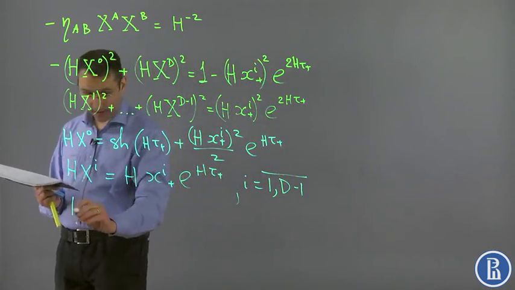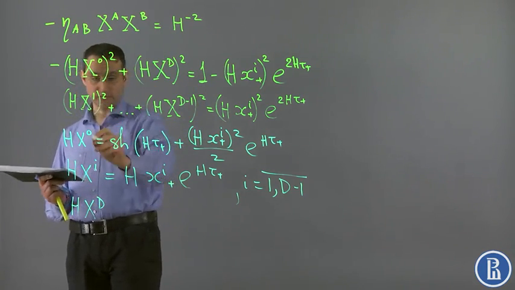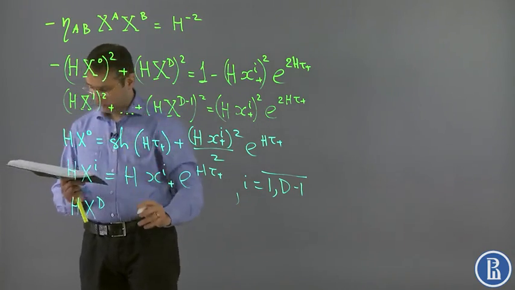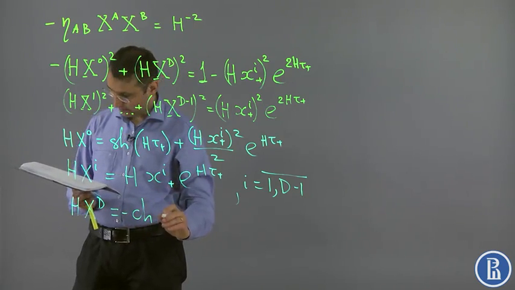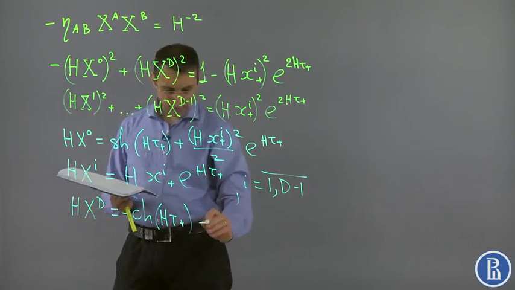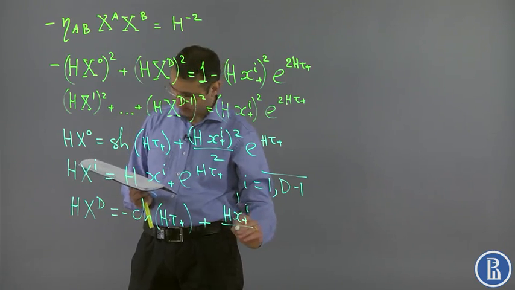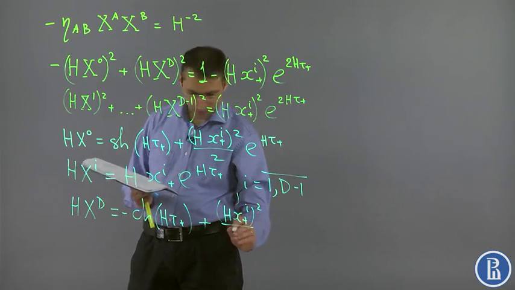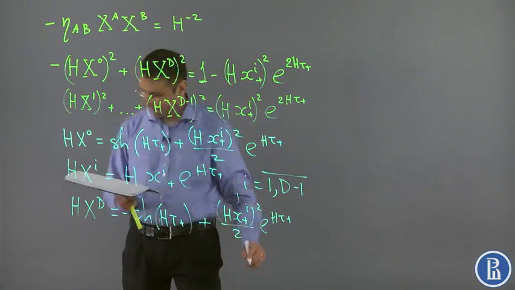And finally, hxd, which solves this, together with this equation, is minus hyperbolic cosine of h tau plus, hx plus I squared over 2 exponent of h tau plus.